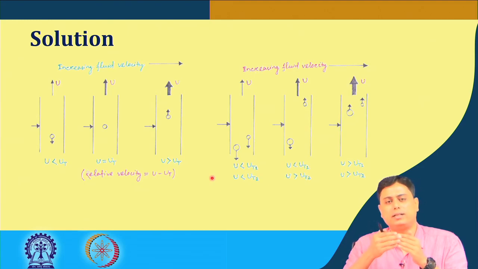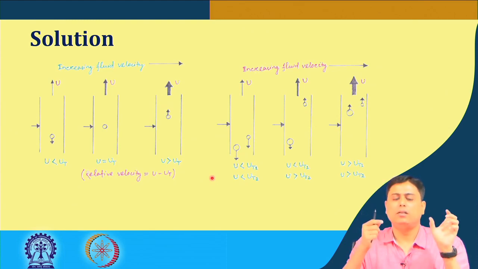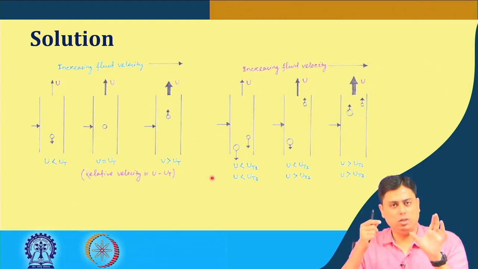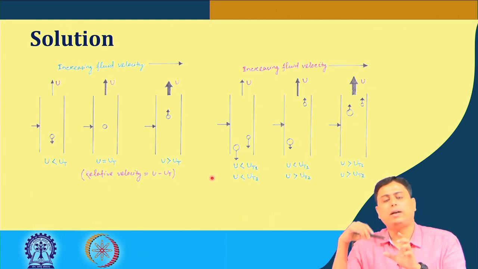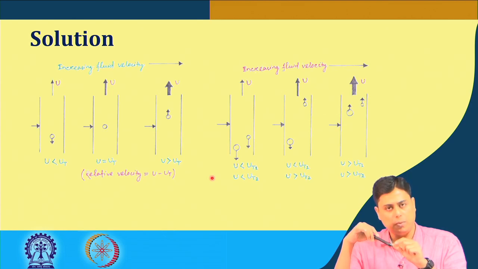For example, let us say uT1 to uT2 is the terminal velocity range of particle A for a size range of 15 to 40 micron, and for material B, 15 to 40 micron, the terminal velocities are u'T1 and u'T2.